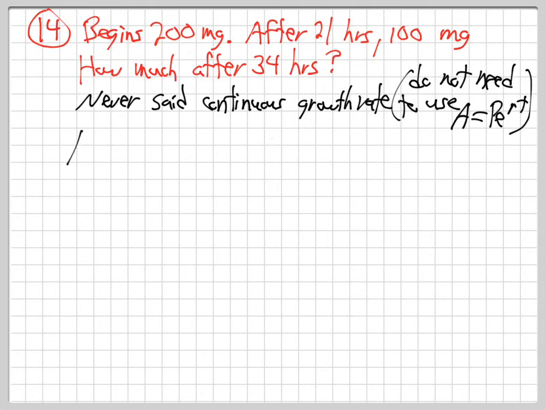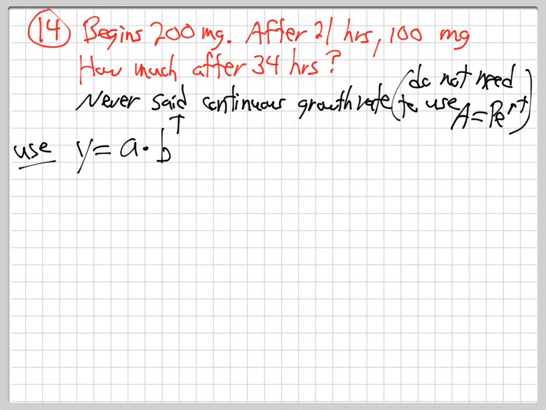So instead, I'll just use the A equals, or Y, whatever you want to call it. Doesn't really matter what that letter is in the front. I'm going to use just the normal one, A, B to the T. Don't need to use the PERT one because they never said continuous growth rate percentage.